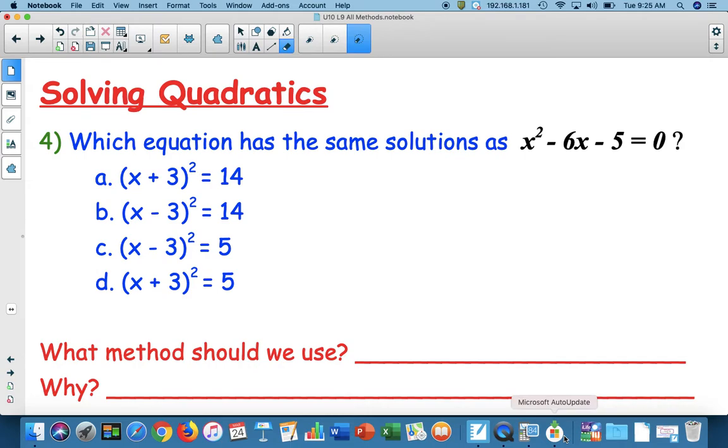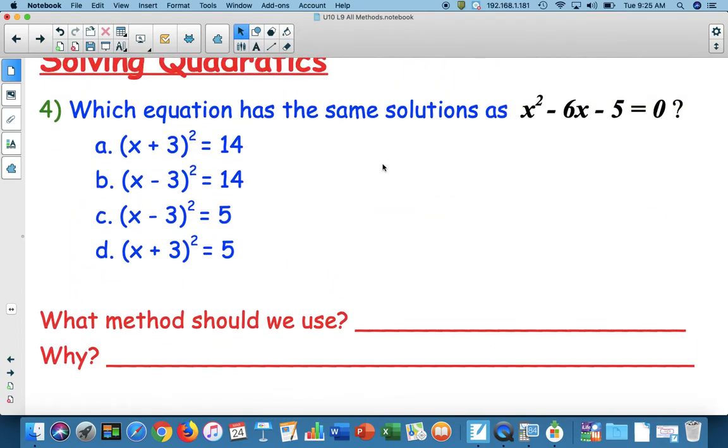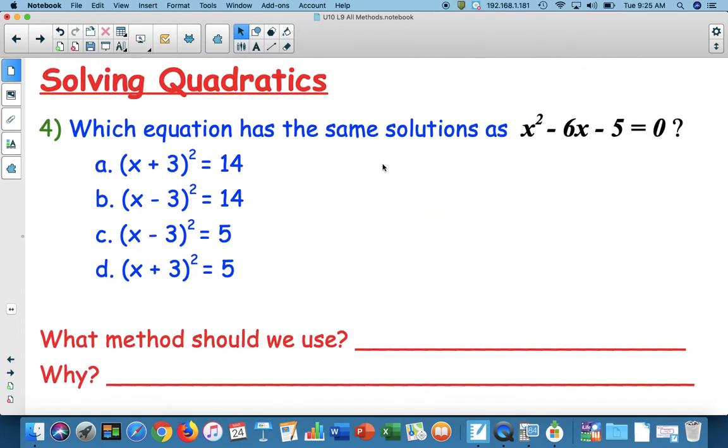Oh, sorry, I want you guys to try one more thing here before I let you guys go into your group work, which is, this is a Regents level question, all right? They often ask you guys which equation has the same solution by doing this. Ideally, what they want you guys to do is complete the square until you get to one of these options.